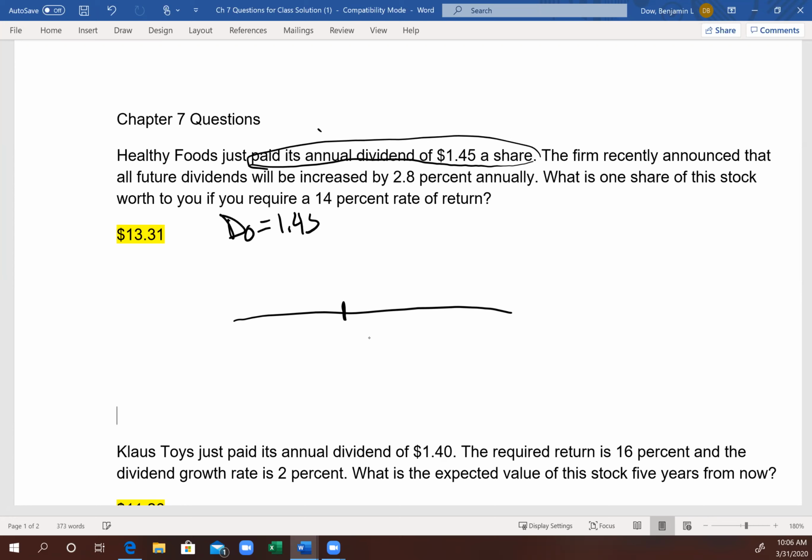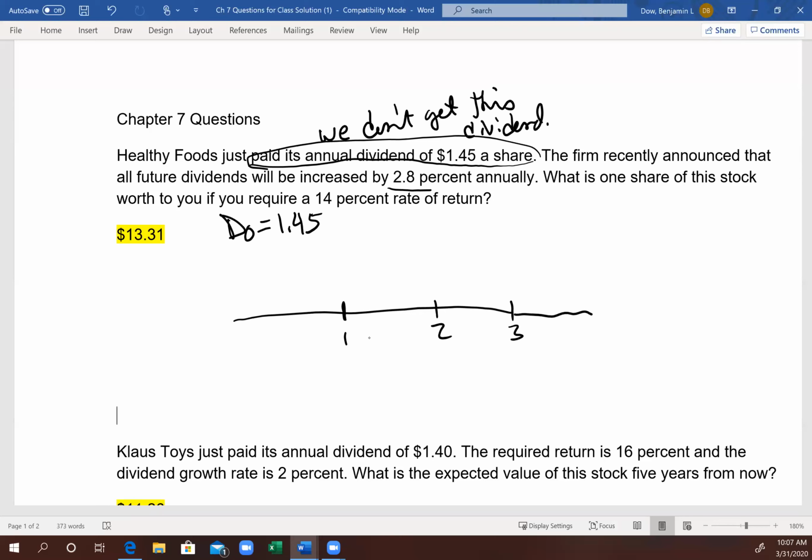Okay. We don't get this. We get any dividends in the future. And what we're hoping is that the future dividends will increase by 2.8%.